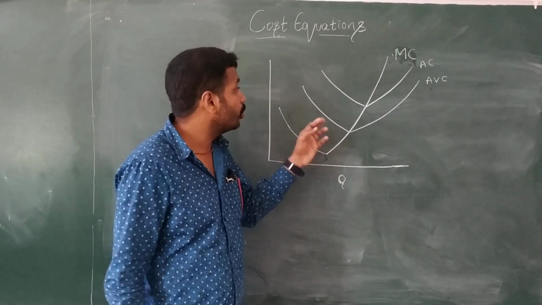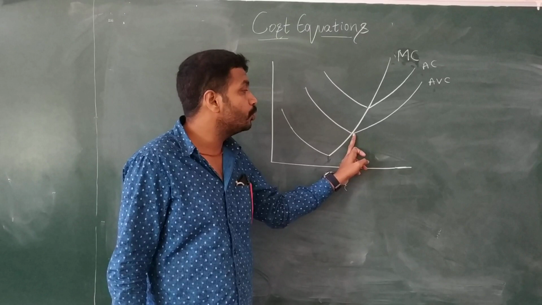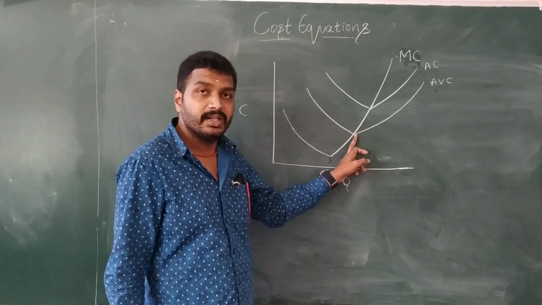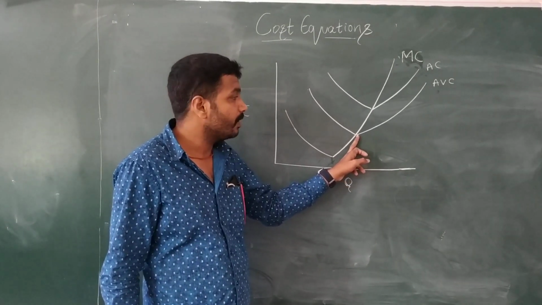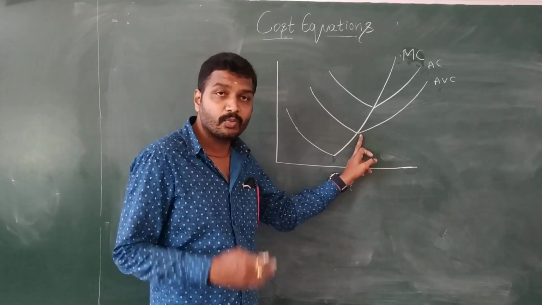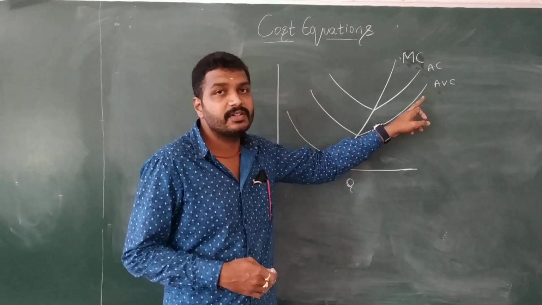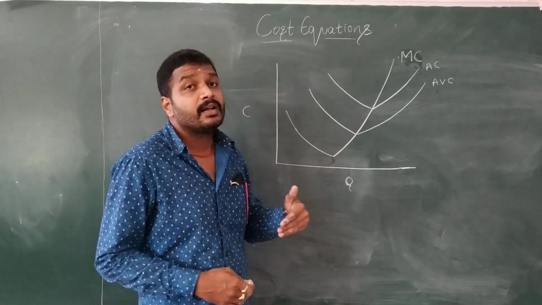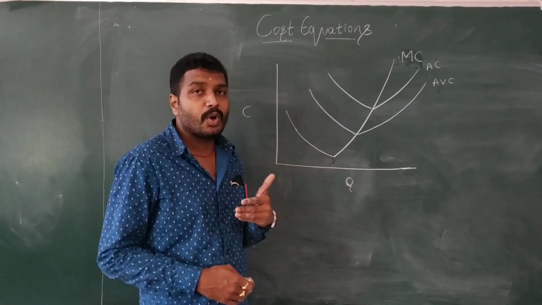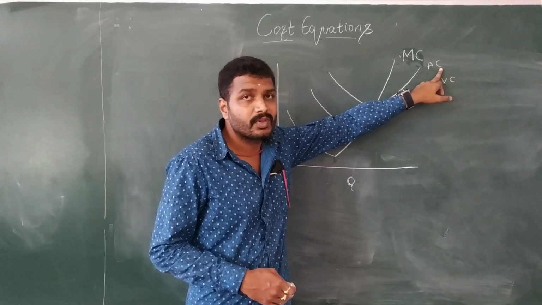This will be followed by ABC. ABC is going to attain its minimum when ABC will be equal to MC. That one point you need to remember again, and thereafterwards ABC will start increasing.